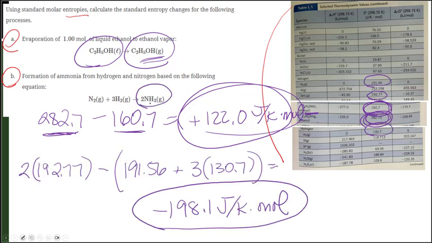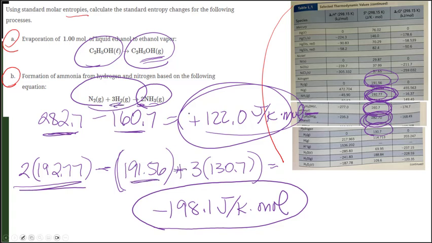For the second problem, I took my products, so 2 times NH3, here's my NH3 value, the 192.77, minus all of my reactants, so I did my N2, which was up here, the 191.56, plus 3 times H2's value, so 3 times 130.7, and I got a negative 198.1 joules per Kelvin mole.